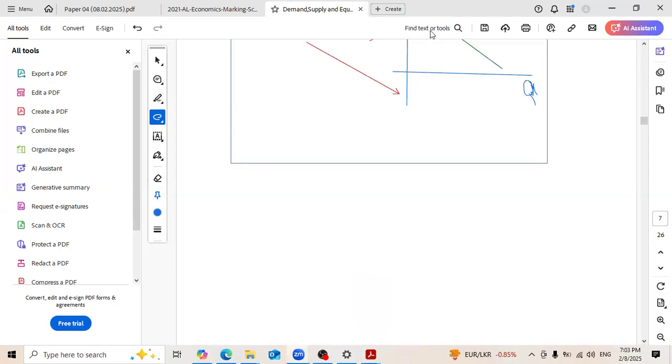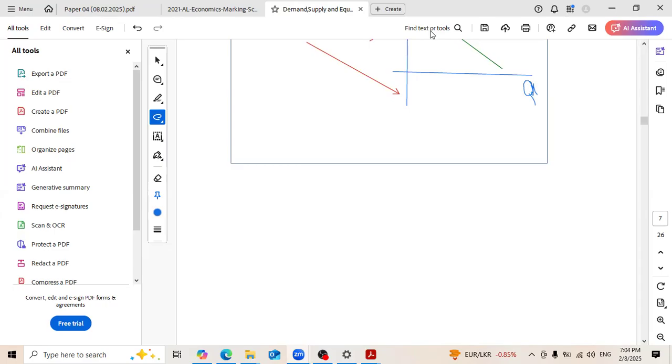Write it down: when price of the product rises from 5 rupees to 10 rupees, to 15 rupees.